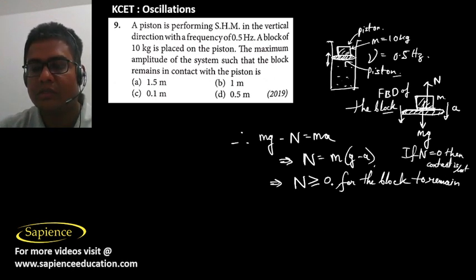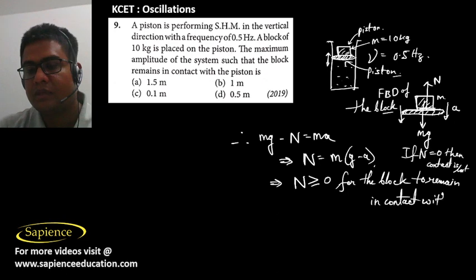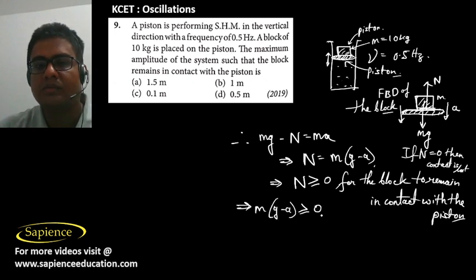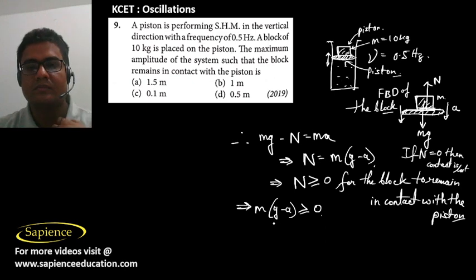So m into g minus a should be greater than or equal to 0. So what should be the maximum amplitude of the system?